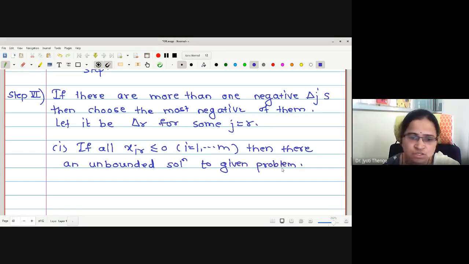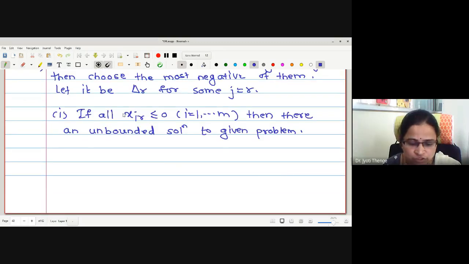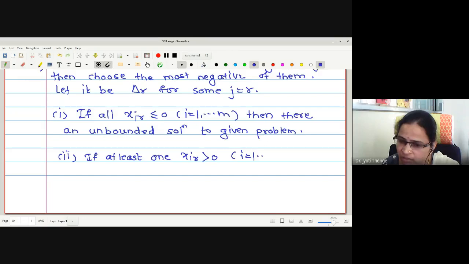If we find at least one value which is greater than 0, positive, if at least one xir, sorry, X is the symbol I am using now, if one xir is greater than 0, I may take the values 1 to m, then the corresponding variable will enter the basis.